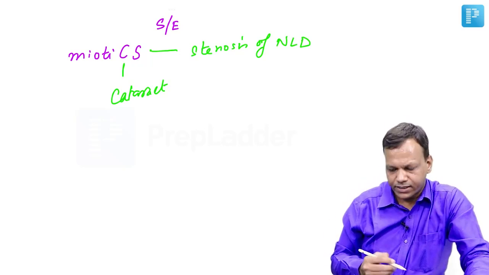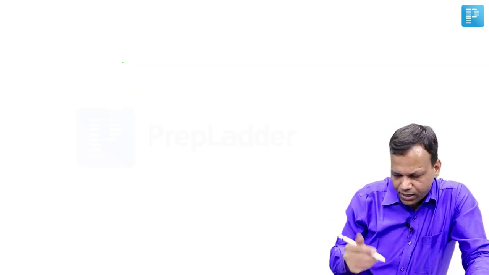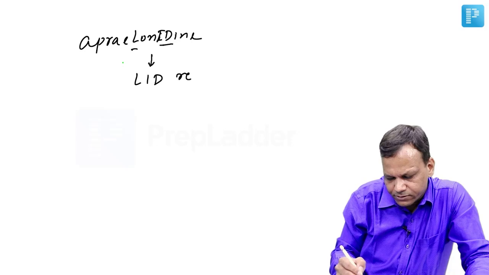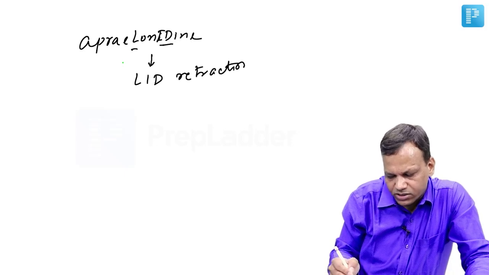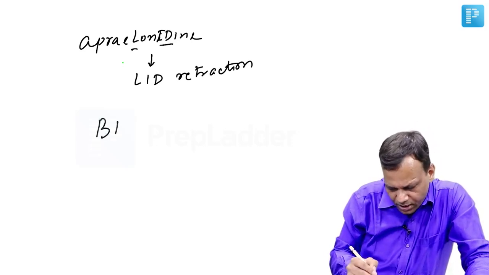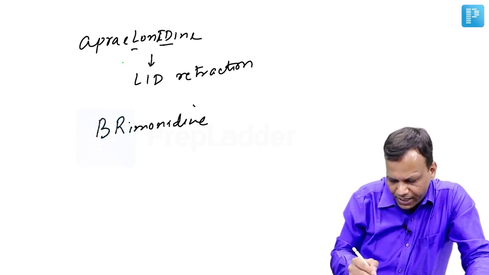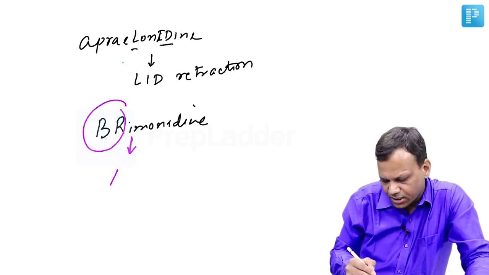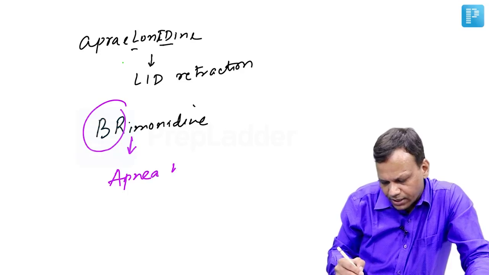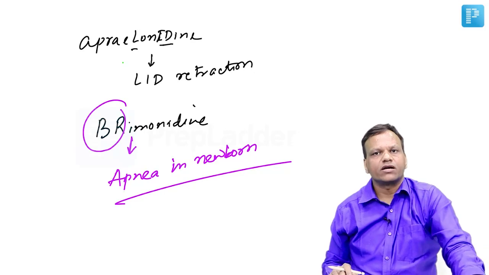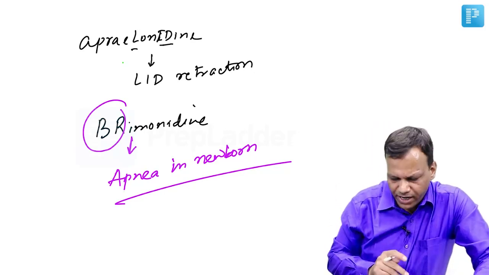Then apraclonidine, the name itself says LID, so it can cause lid retraction. Whereas brimonidine can cause brain inhibition. Brain inhibition, particularly in the newborn, it can cause apnea. It is contraindicated in newborn babies because it can cause apnea, depress the brain.